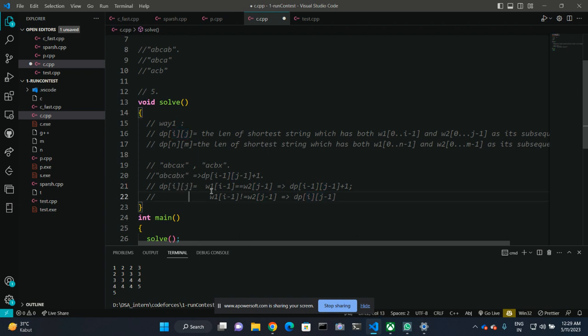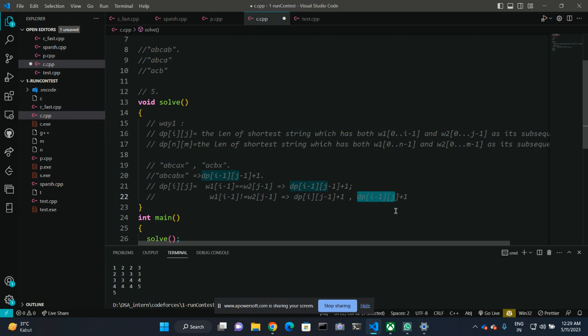For that, I will append that not included character to this string. So DP[i][j-1] plus one.